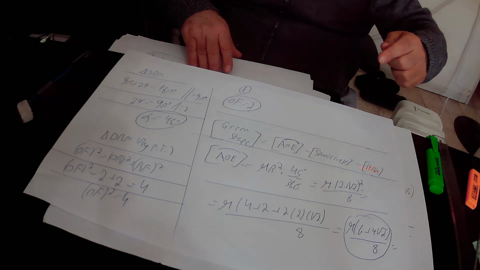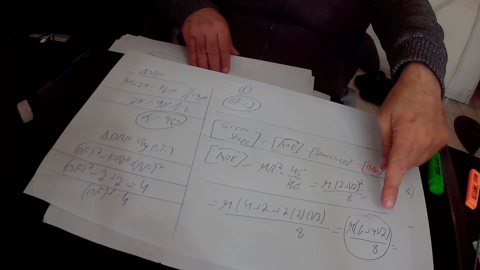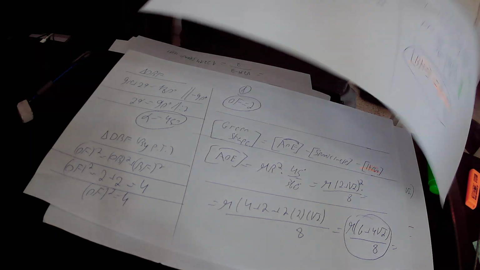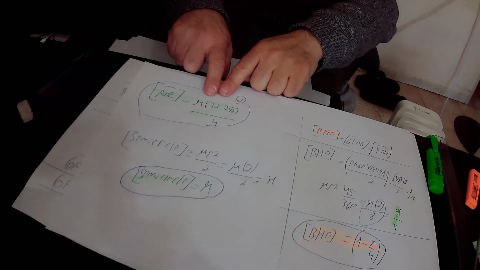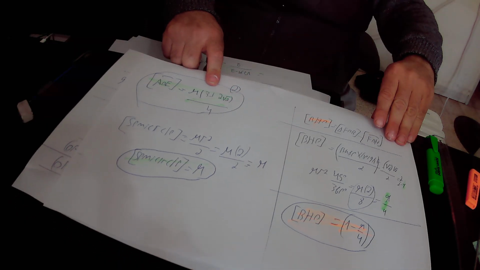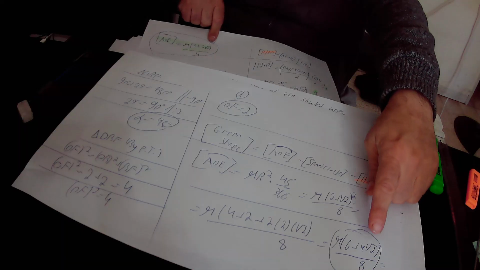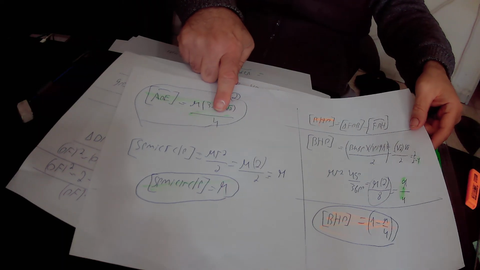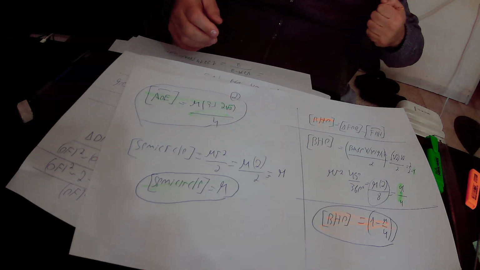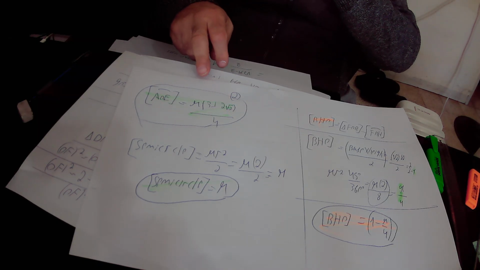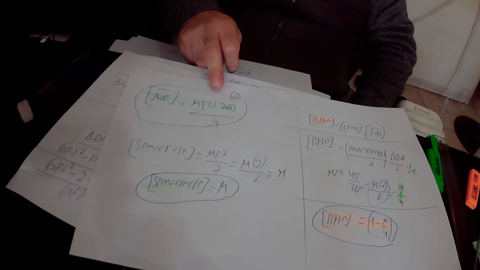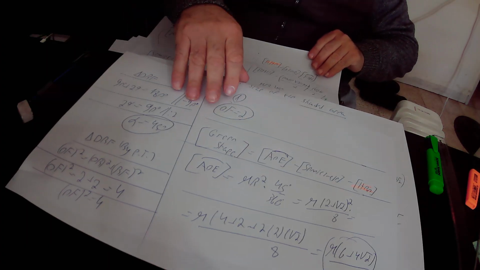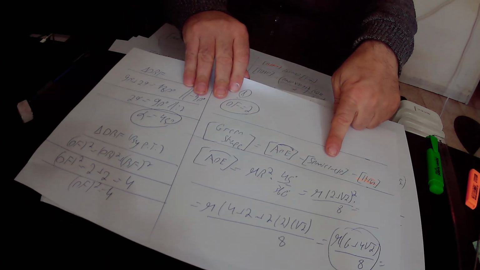So in the numerator, after dividing by 2, we have pi times 3 plus 2 times square root of 2, and we divide the denominator 8 by 2, which is 4. So in total, the area of the sector AOE equals pi times 3 plus 2 times square root of 2, over 4. In the next step, we have to find the area of the small semicircle.